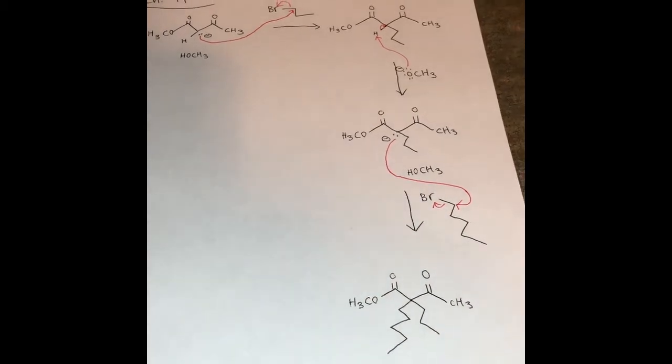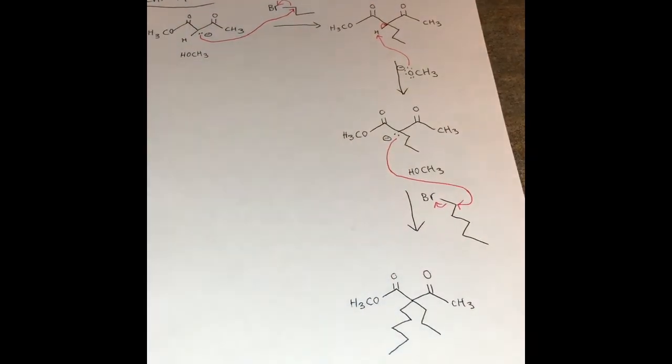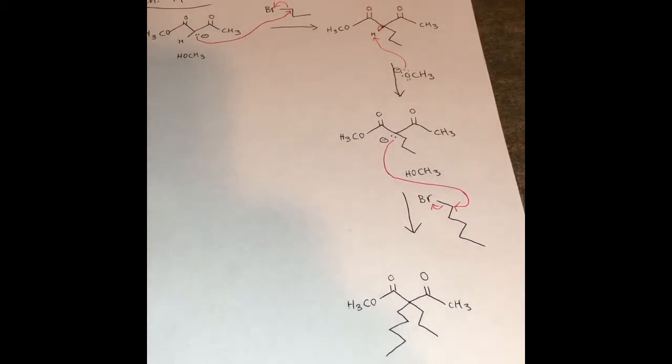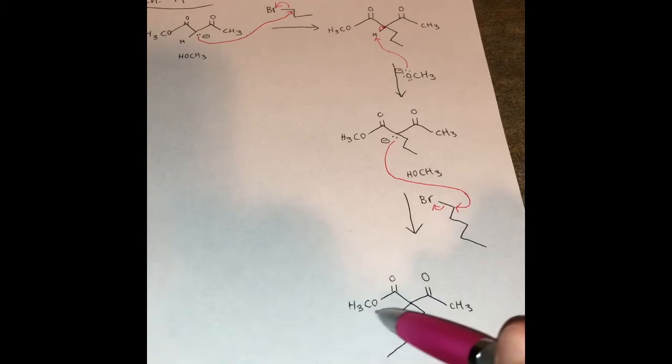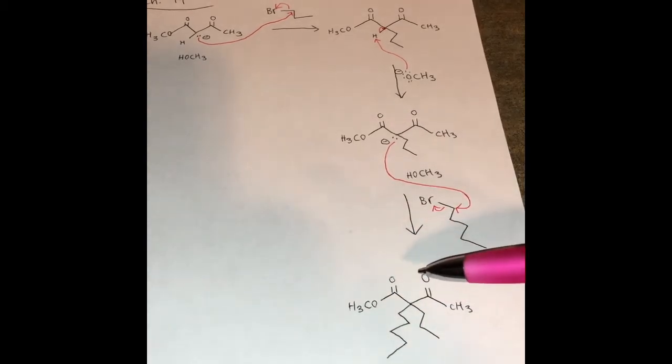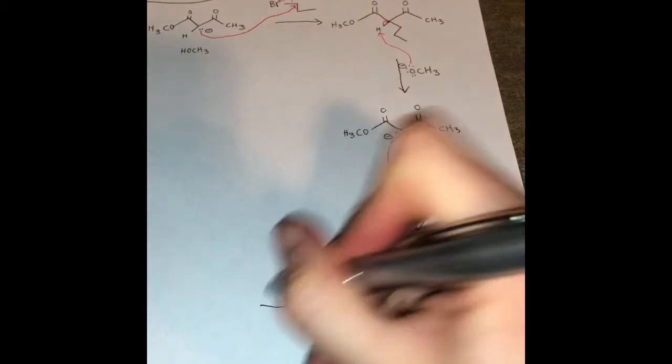Okay. Now at this point, we can do a step that's called a decarboxylation. So this is going to essentially remove part of our structure, and that's going to be this part up here. So right now it's not a carboxylic acid, it's an ester, but we can turn that into a carboxylic acid by adding in 2 steps.